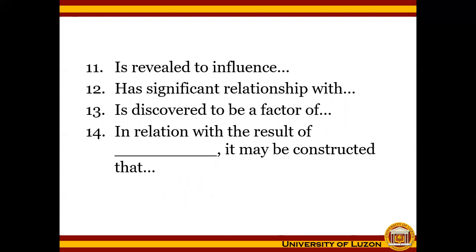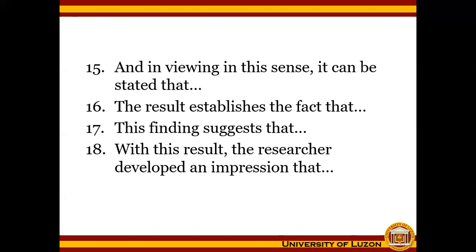So these are the possible ways by which you can have a more interesting analysis or interpretation, and in view of this, it can be, and so on and so forth. So there are a lot of ways by which you can start your sentences or paragraphs.